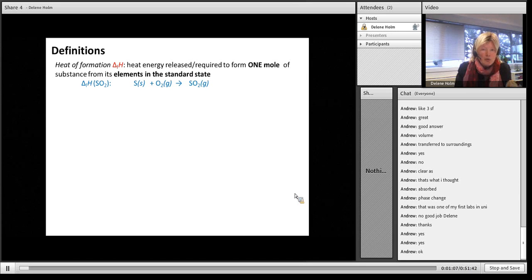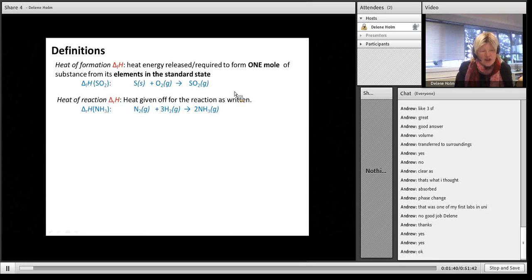So for the delta HF of SO2, you have to have a 1 in front of the SO2, which means you can get fractions when you balance the equation. And remember, the elements have to be in their standard state, which means at room temperature and pressure. So sulfur is a solid at room temperature, oxygen is a gas at room temperature. So you would write the equation as given there.